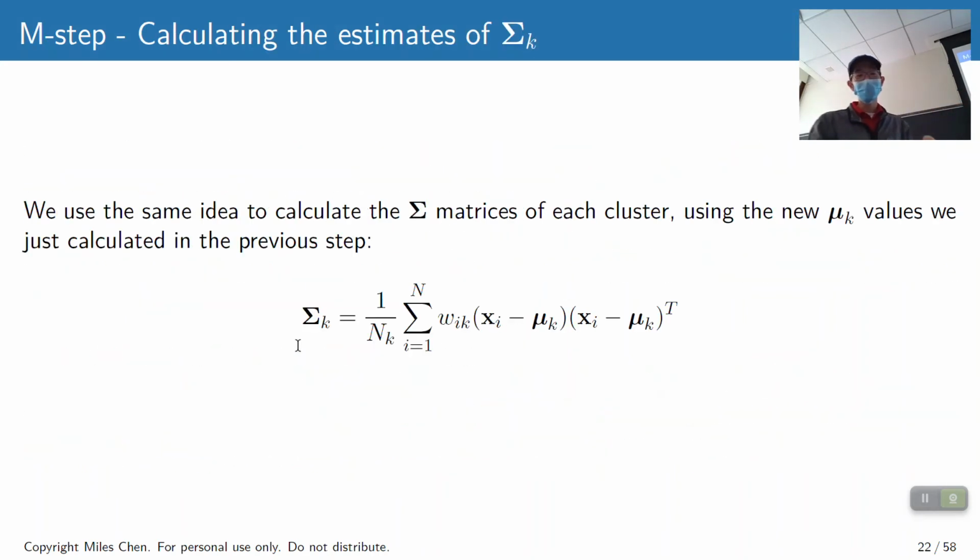You have to calculate the membership weights using the Bayes classifier, and once you calculate the membership weights, you have to recalculate the mean and the variance using basically maximum likelihood estimates. This would be the maximum likelihood estimate. In our case, with the Gaussian mixture, I'm giving you the answer of what the maximum likelihood estimate is.